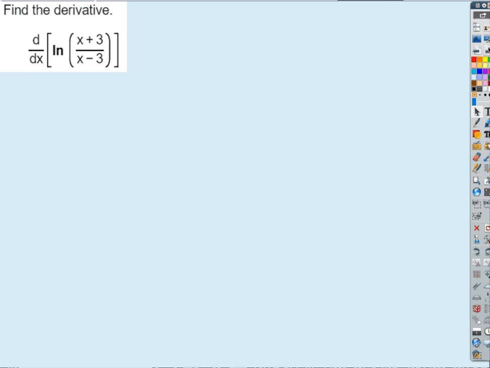Quotients just become differences, right? So I could rewrite this, I'm just gonna do some work inside the brackets here. What am I taking the derivative of? Well, the log of x plus 3 divided by x minus 3. The log of a quotient equals the difference of the logs, right? So I could write that as what?